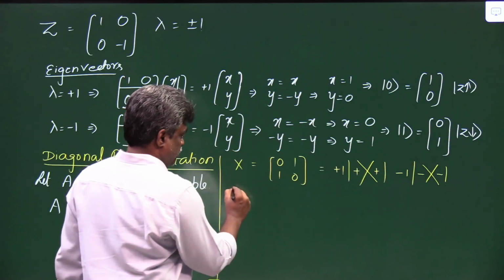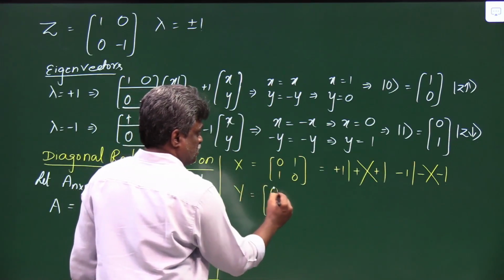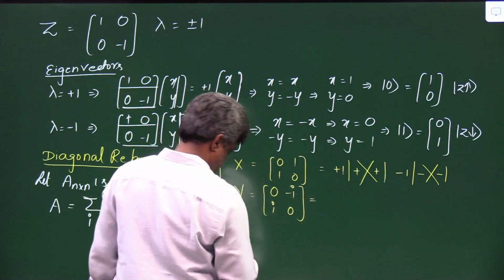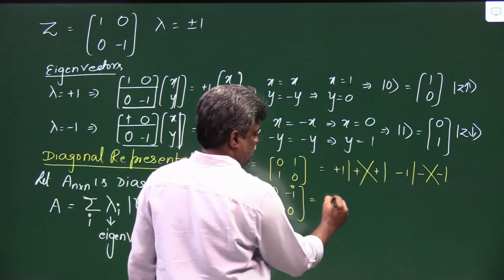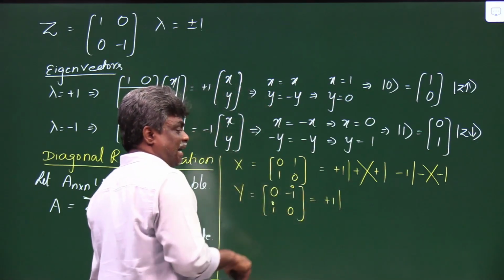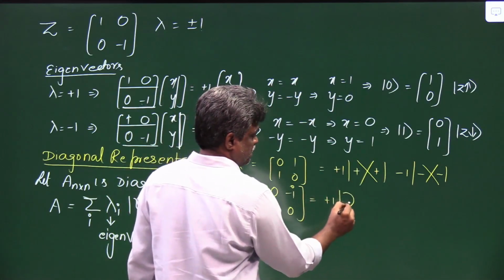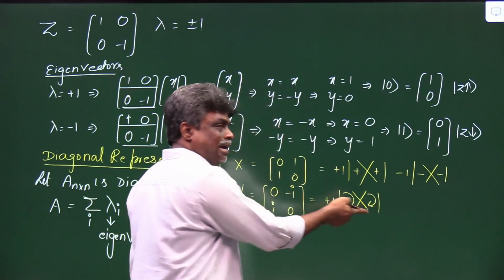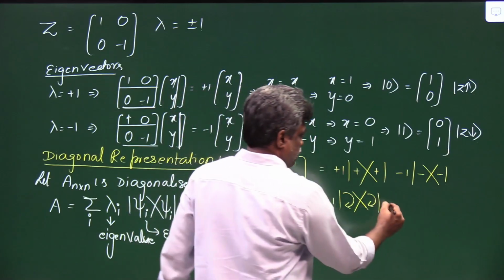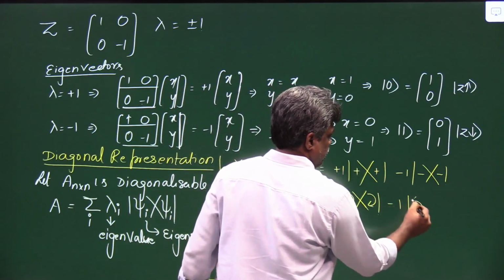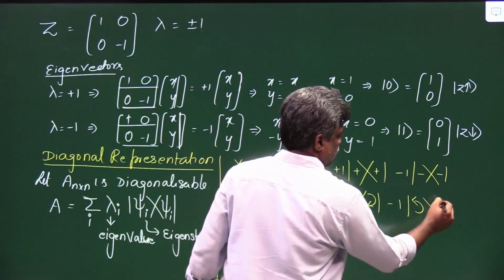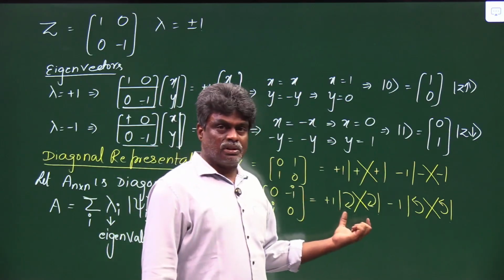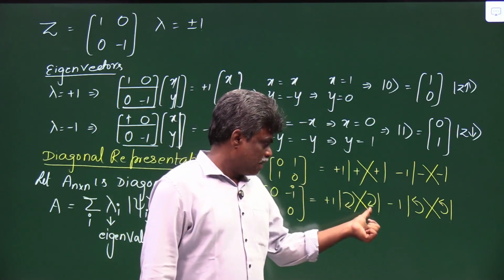And similarly, if you take Y, which is 0 minus i, i 0, here we can write the same eigenvalue plus 1. The corresponding eigenvector we can write like this also. It's not a problem. Or Y up, you can write Y up also. Minus 1, and let us take this notation clockwise or anti-clockwise, something like this. Or if you are having a problem with this notation, take Y up here, and this is Y down.